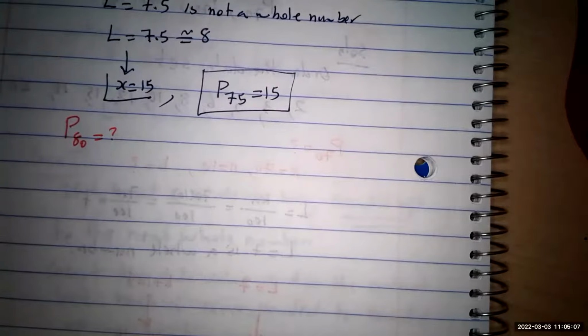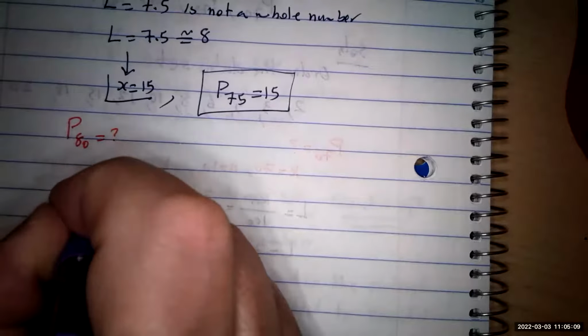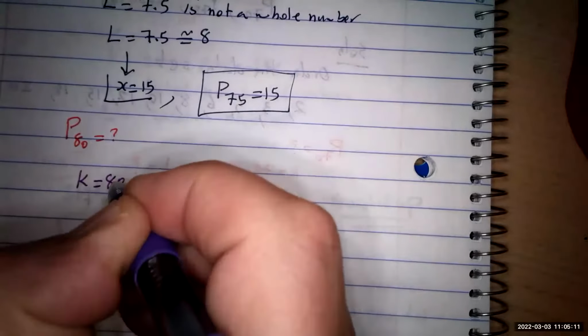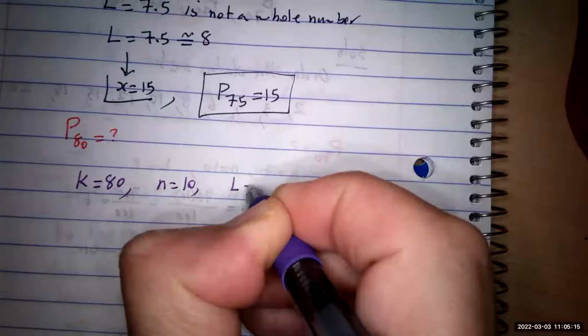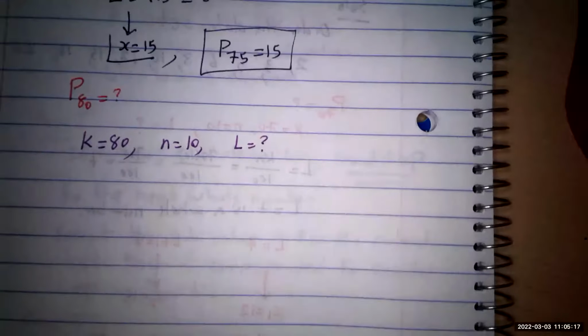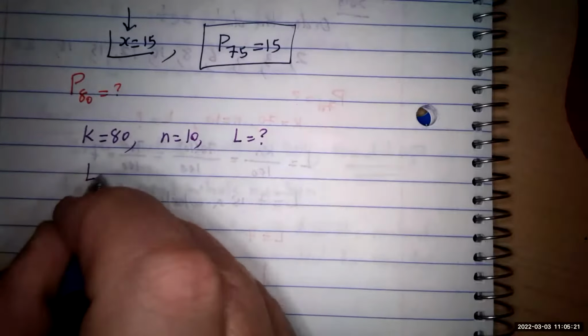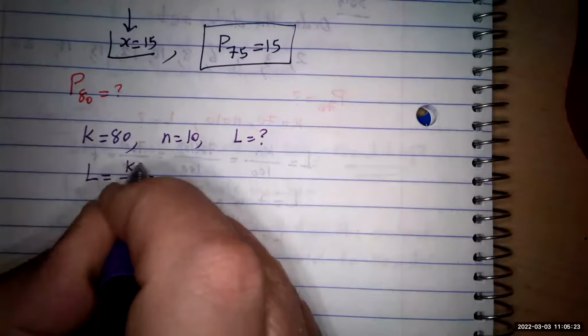So again, the ranking is equal to 80 and the number of observations is 10. We are looking for the location number. The location formula is K times N over 100.